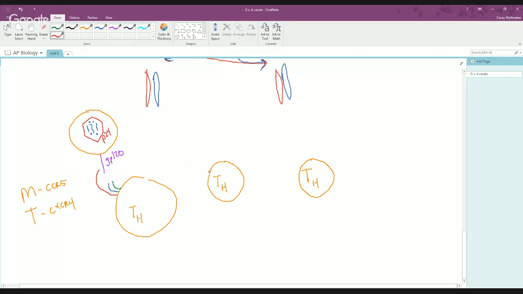So these people had T helper cells with CD4, and each T helper cell also has CCR5 and CXCR4. He saw that when he exposed these lymphocytes to the M strain of HIV, HIV could not infect these cells. However, when he exposed these same cells to the T-tropic strain of HIV, they were able to infect the T helper cells.